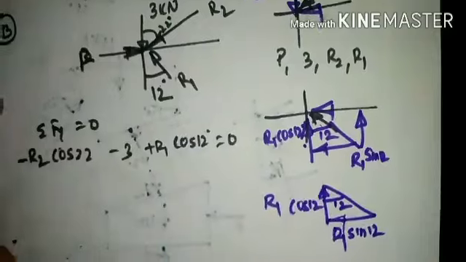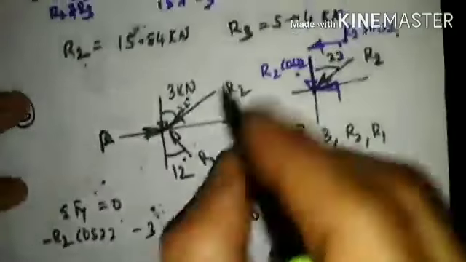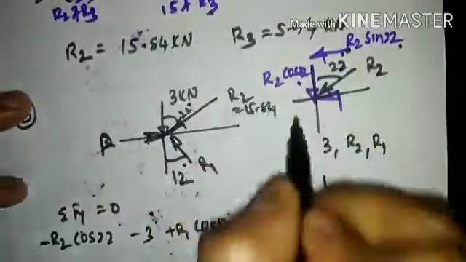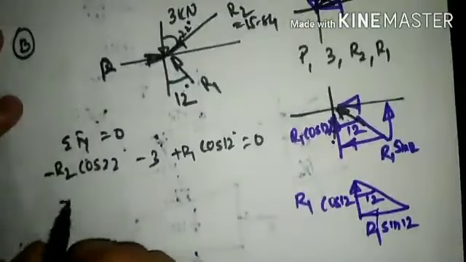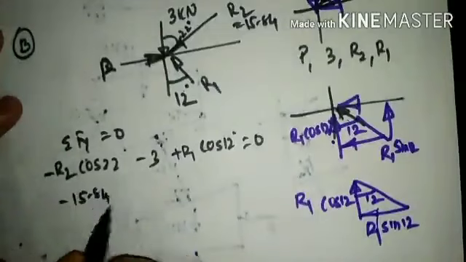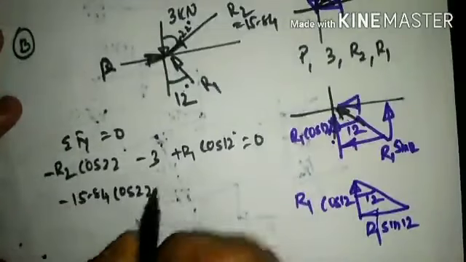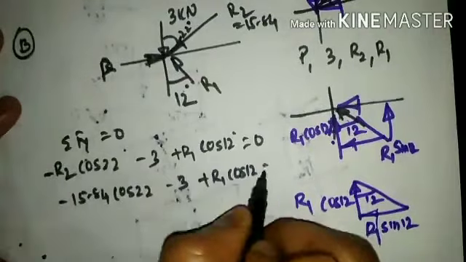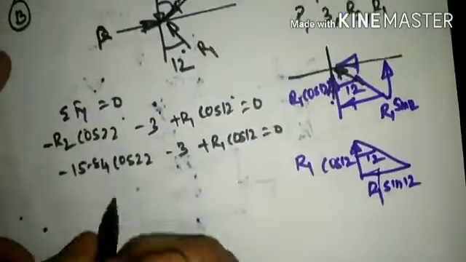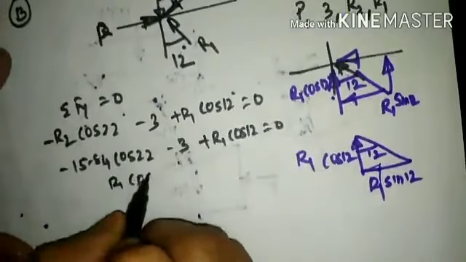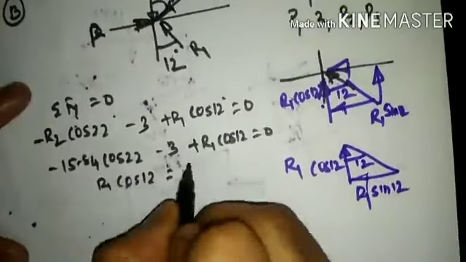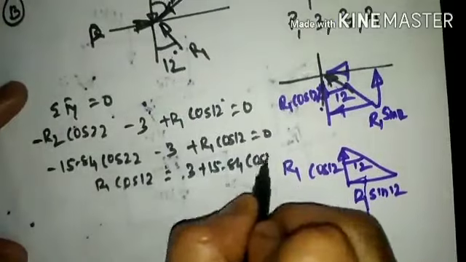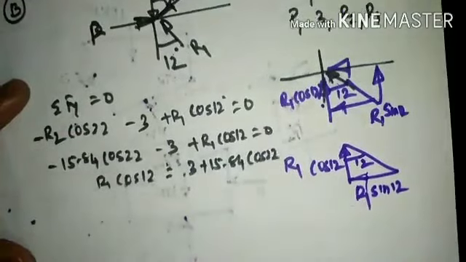So if we solve this, the R2 value is already known to us, which is nothing but 15.84. So we need to substitute this value. Minus 15.84 cos of 22 minus of 3 plus of R1 cos of 12 degrees, that is equal to 0. So R1 cos 12 degrees is equal to 3 plus 15.84 cos of 22 degrees, when you reframe the equation.